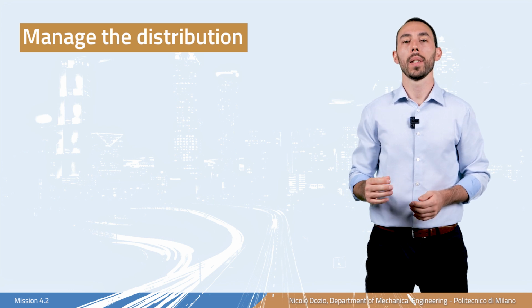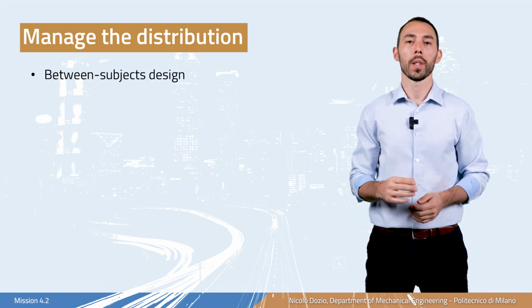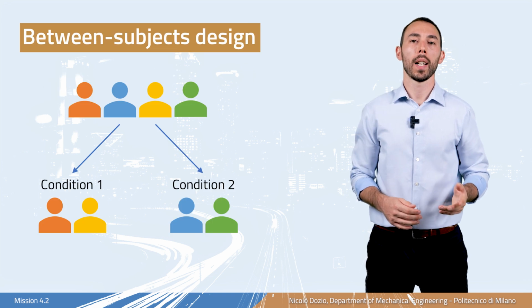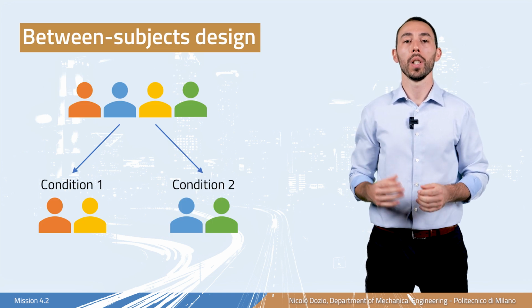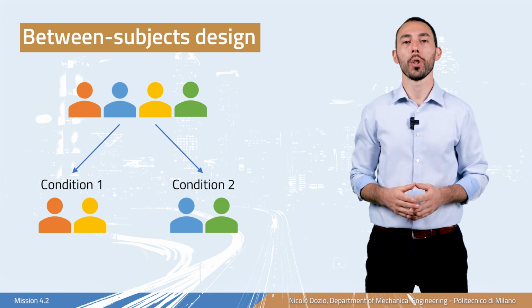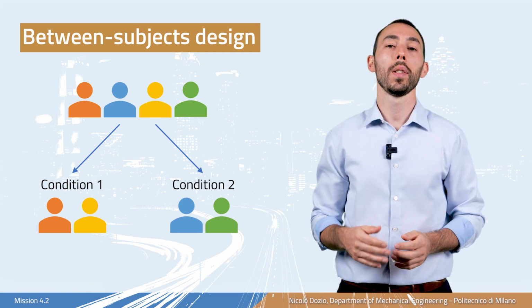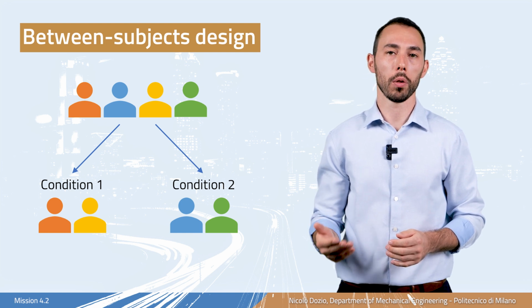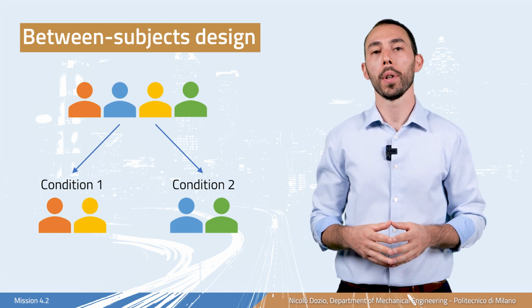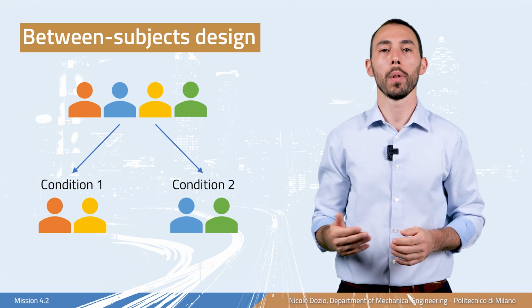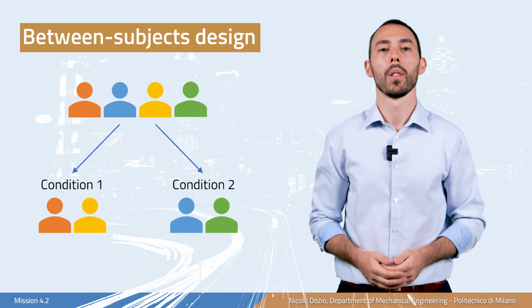Here, one of the main distinctions is between subjects versus within subjects design. In between subject studies, the comparison is made between two or more groups of participants distributed among the experimental conditions of your study. This is useful, for example, if you know that there is a possible learning effect in your conditions and you don't want a person repeating the task more than once, because this will affect their performance and your data.